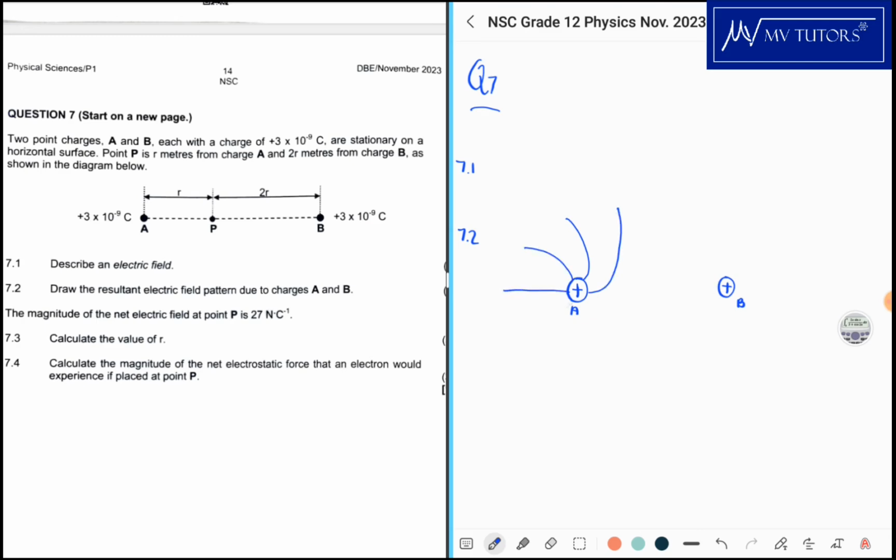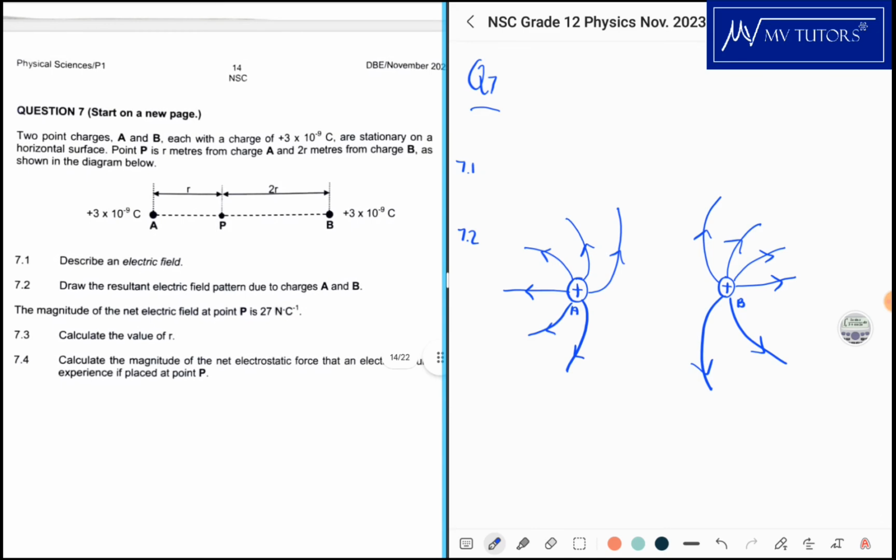Because they're positively charged, the direction is outward, from inside outwards. And because they are equal in magnitude, I would just give the same number of lines for each. That's basically it for 3 marks.